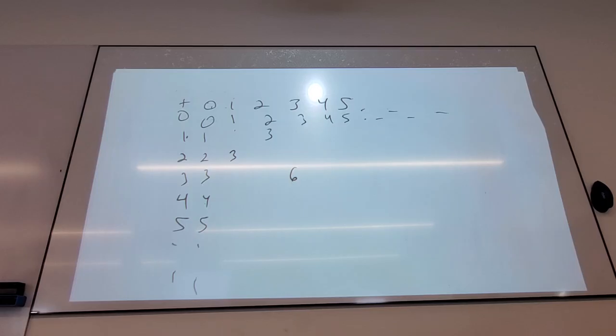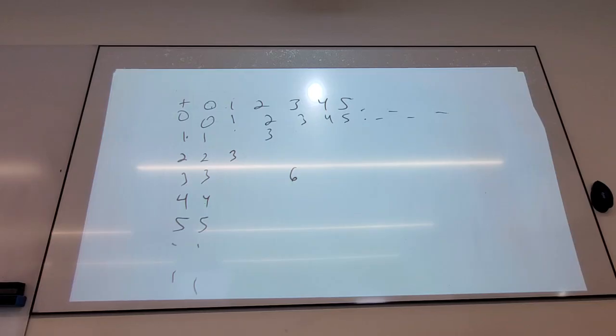Remind me what the commutative property was. The position doesn't change the answer. The position of the numbers doesn't change the answer. If I'm adding numbers, if I just commute 2 numbers, if I just switch 2 numbers, the answer doesn't change. So that's why if 2 plus 1 is 3, 1 plus 2 is 3.